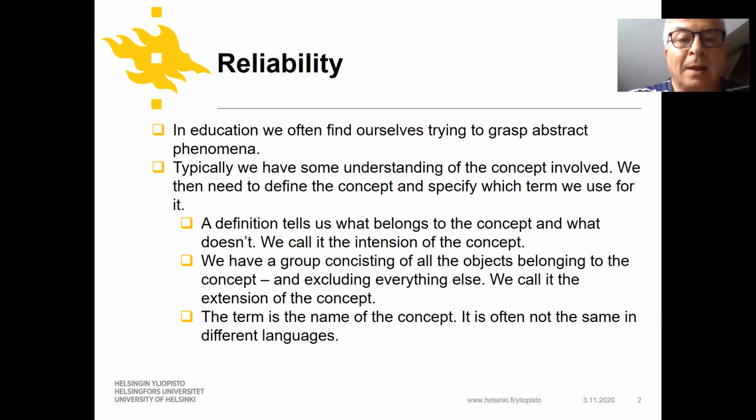Typically we have some understanding of what's going on from previous research, and we need to define the concept that we are looking for and especially to specify which term, which name we are going to call it. So if it's a hand, then we call it hand if we know enough about it. Otherwise, we just say it's an extremity or be more vague about it.